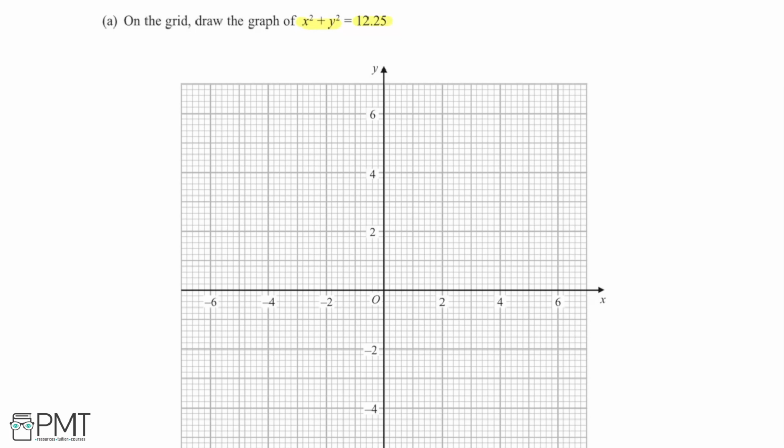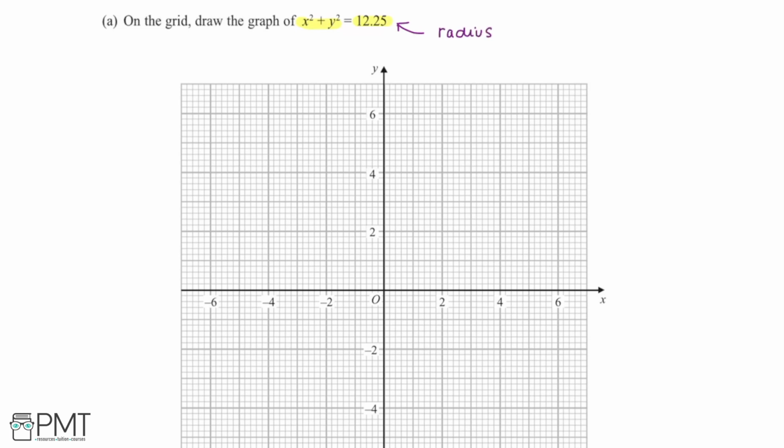So we're going to have a centre of this circle at the point (0, 0), because we don't have any a or b values, so x plus a or y plus b, we don't have these values, the centre is just going to be at (0, 0). And then we just need to know the radius of the circle to draw this on the graph, and the radius is going to be the square root of this number.